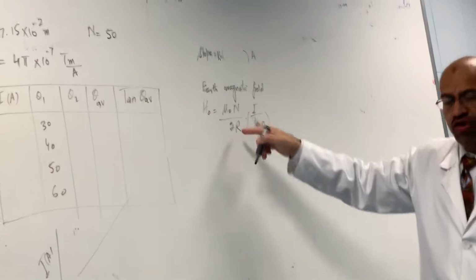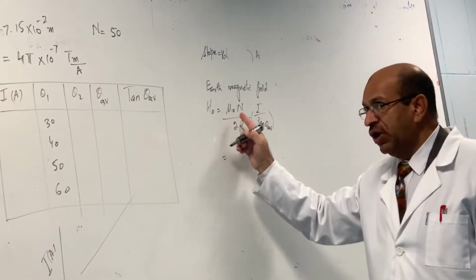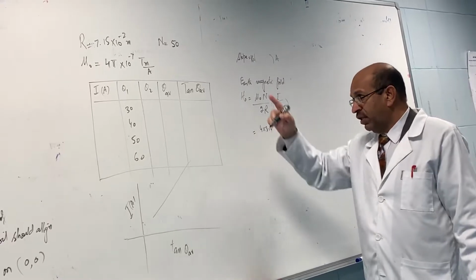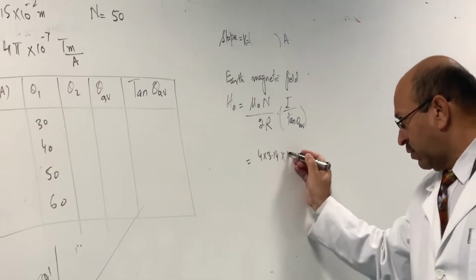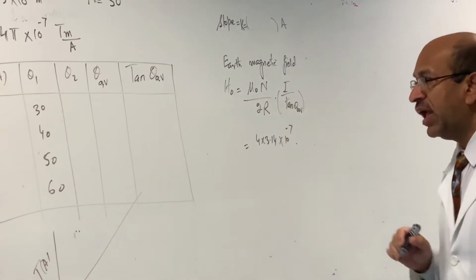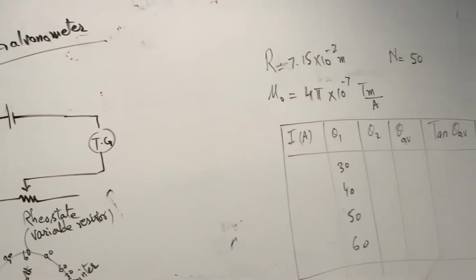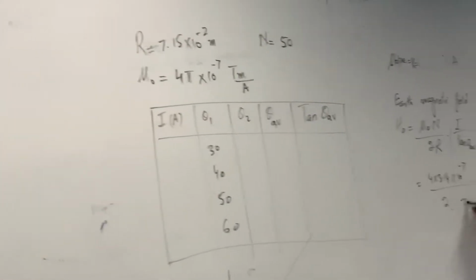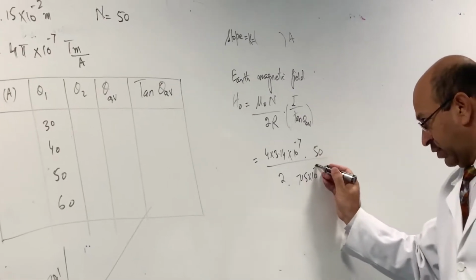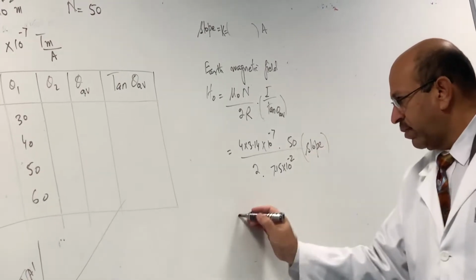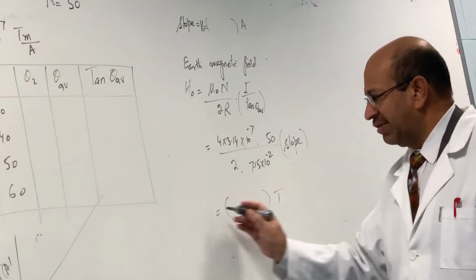Look here, this is slope. What is mu naught? Look here, 4 pi, 10 to the minus 7, this one from there. What is n? 50. 2. What is r? 7.15 centimeter. And here you can put slope. You will get Tesla.